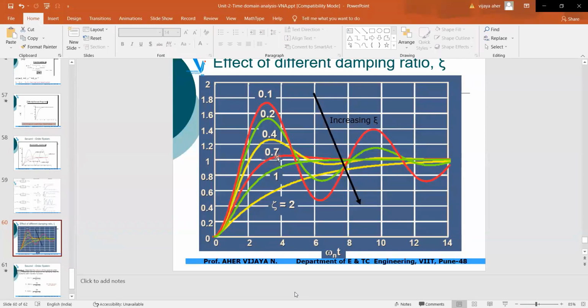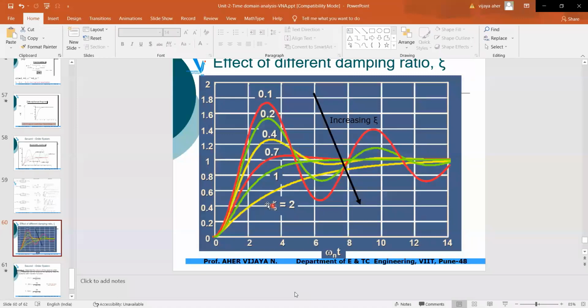Again, from 0.7 to 1, there is no any overshoot. लगेच system stable होती आहे, बरोबर? When zeta is equal to 1, just we have observed it. Okay, less than 1 काय असतं? हे बघा, हे जे रिस्पॉन्स आहे हे सगळे काय आहे? when zeta is varying between 0 to 1, बरोबर? At 1, when zeta is equal to 1, this is the response that you have derived the equation.